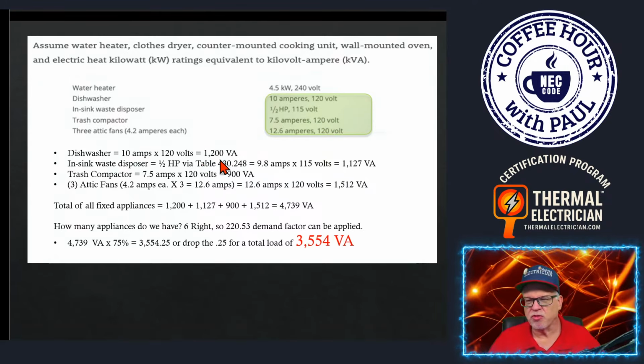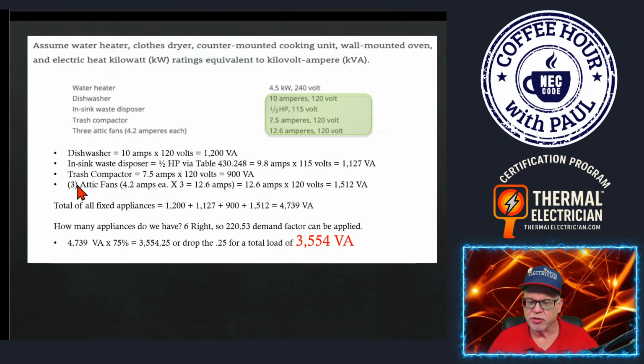All right, so we got 1,200 VA here, so that's 10 times 12. The in-sink waste disposal, we got the 9.8 amps from Table 430.248. Doesn't this look familiar? That is 9.8 amps times 115. That's 1127. That trash compactor, 7.5 times 120.